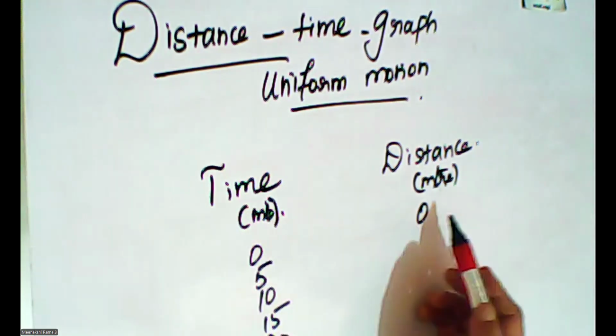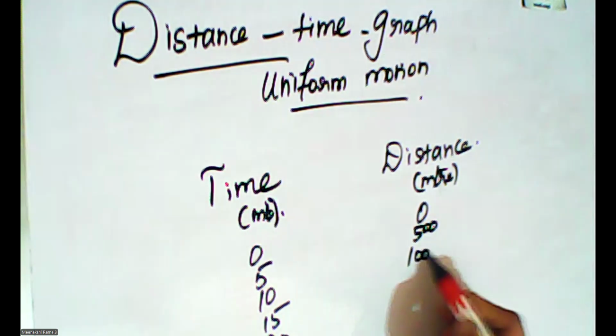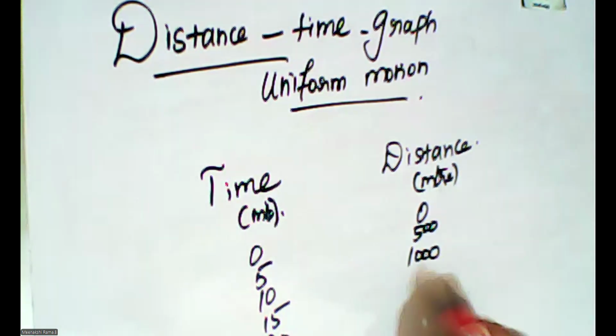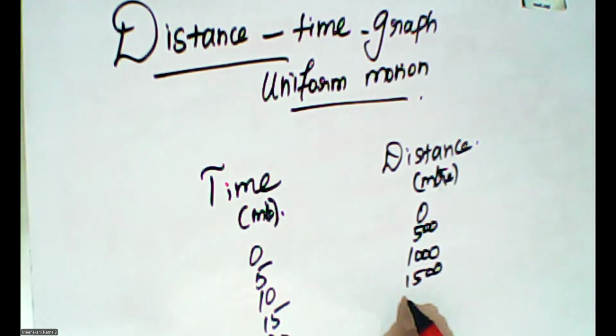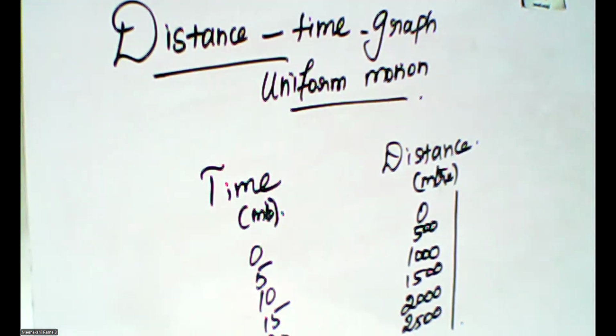Yes, in 0 minutes he crossed 0 meters. In the 5th minute he crossed 500 meters. 10th minute he crossed 1000 meters. 15th minute he crossed 1500, then 20th minute he crossed 2000 meters, and 25th minute 2500 meters. It is in increasing order only. There is no variation.